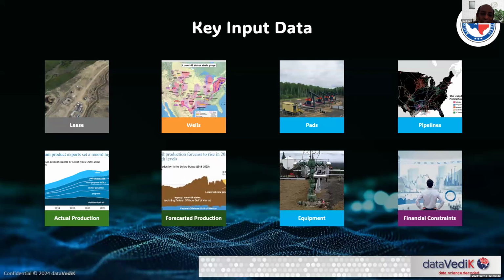These are all the various data types that play a role in determining when the wells and facilities should be abandoned and what is the budget required for that abandonment. Financial constraints may be other factors that come into play while making that decision.